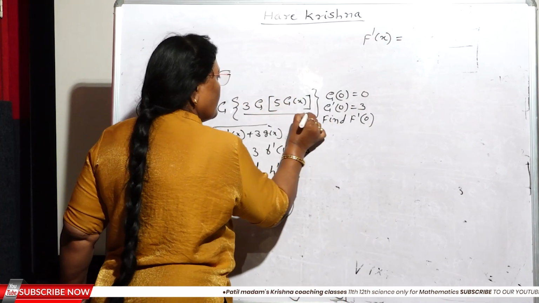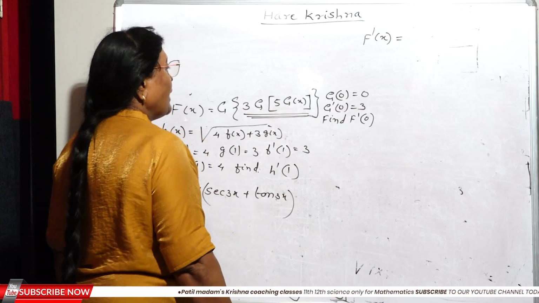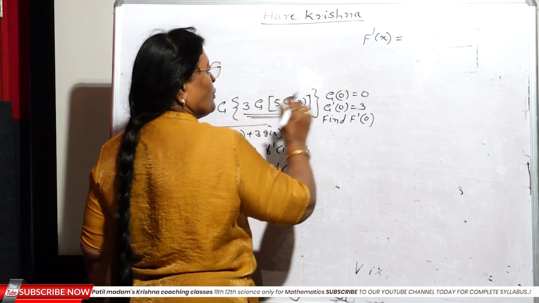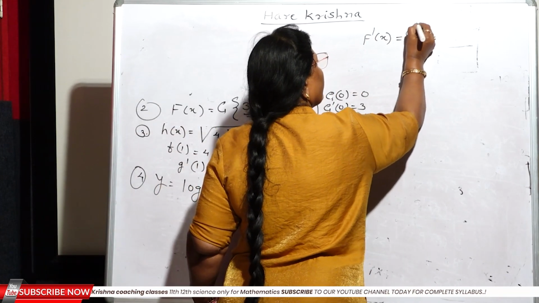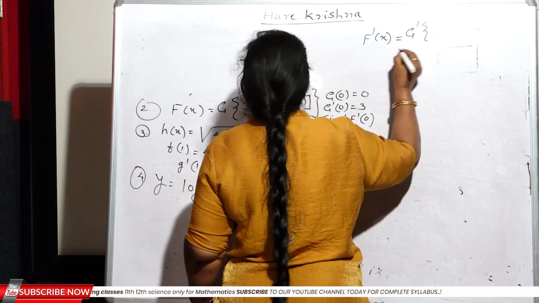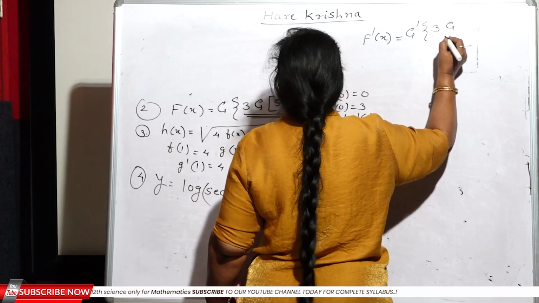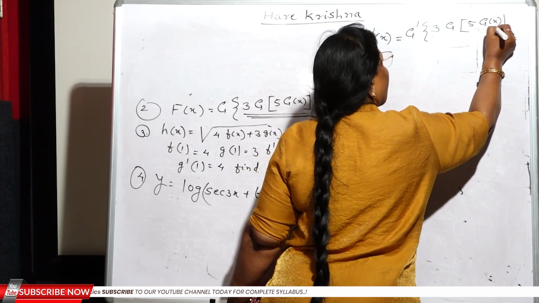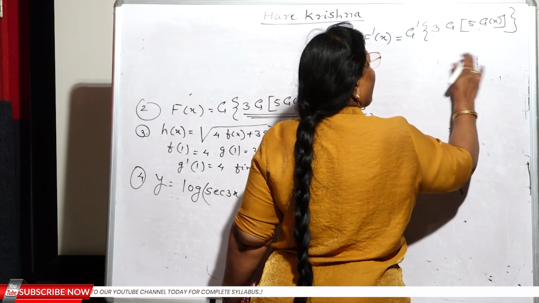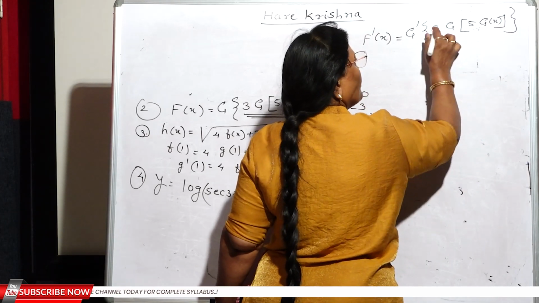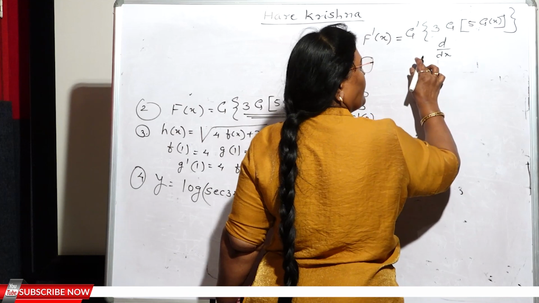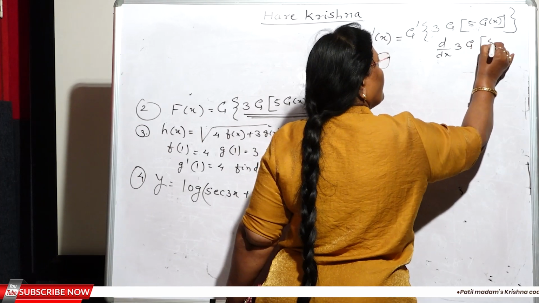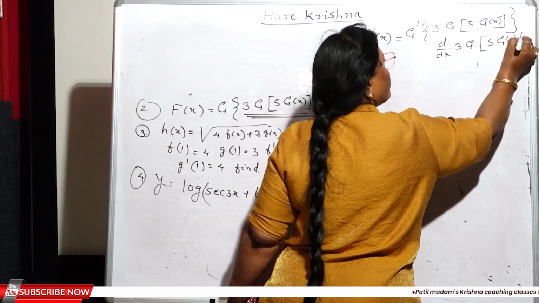Now again this total term, the term inside the bracket, you have to consider as u. So the derivative of g of u is g dash u, means here you can write g dash, bracket, 3 g of 5 g of x, bracket close, and again this bracket close. Again you have to take d/dx of it. We put u and took the derivative. Now again you have to find out the derivative of 3g(5g(x)).